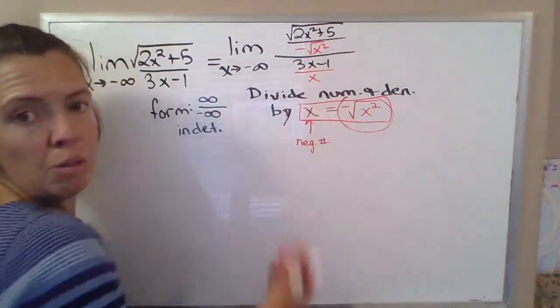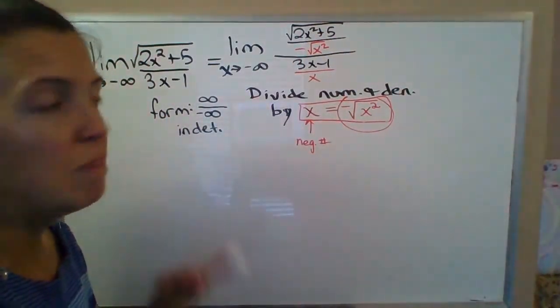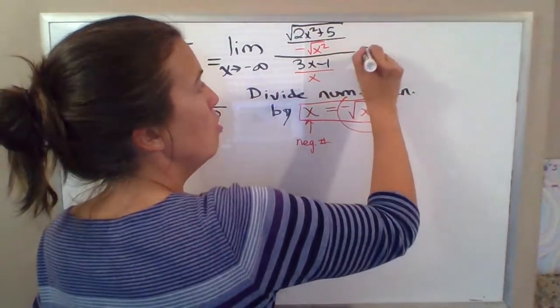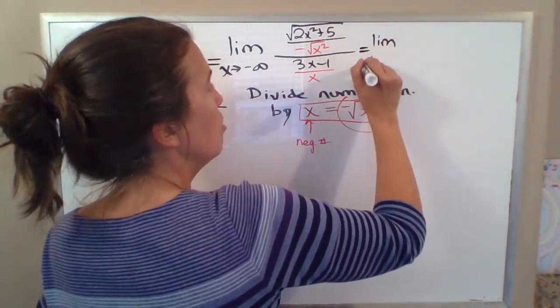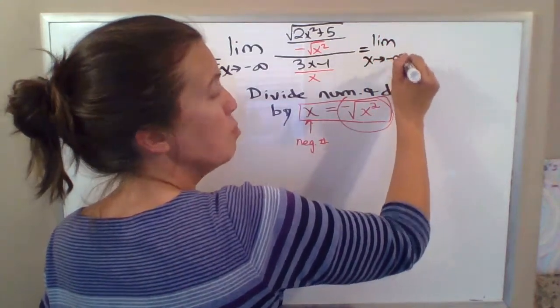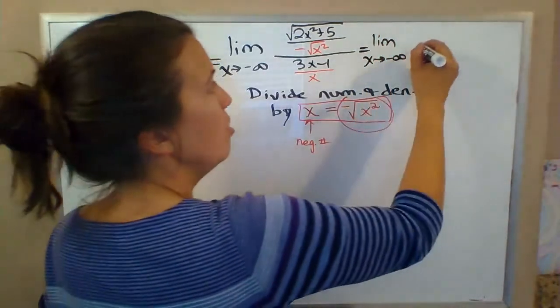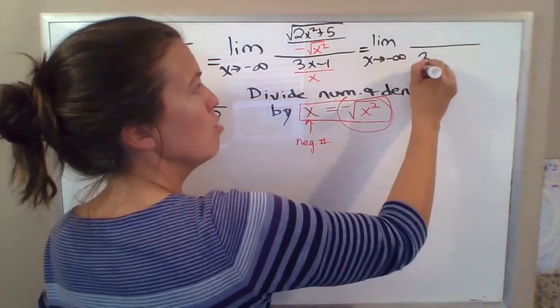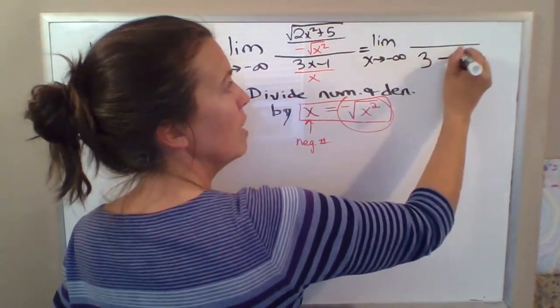I am dividing by the same quantity on the top and bottom, so I'm not changing the overall quantity. The advantage of being flexible there is you can divide both parts here by x. So 3x divided by x, that's 3, minus 1 divided by x.